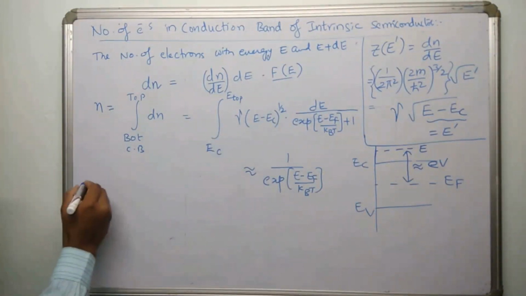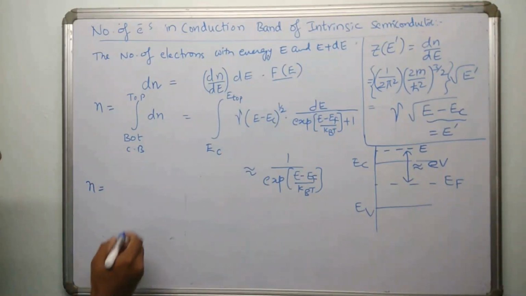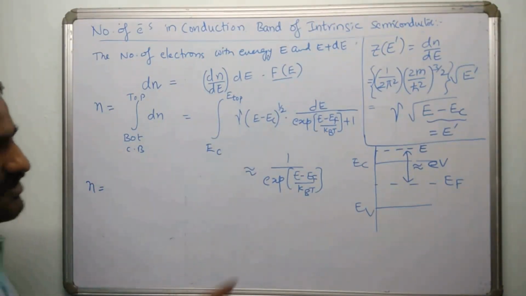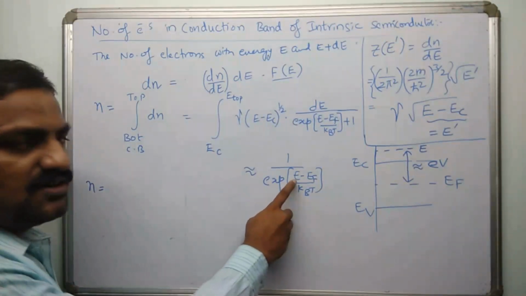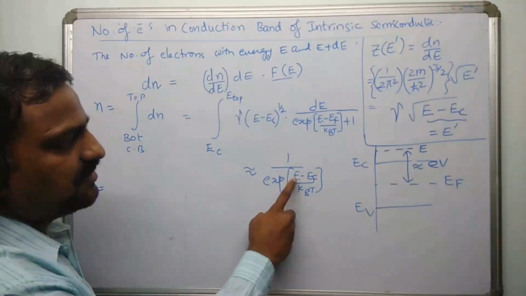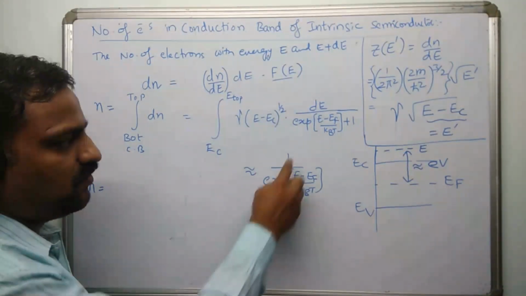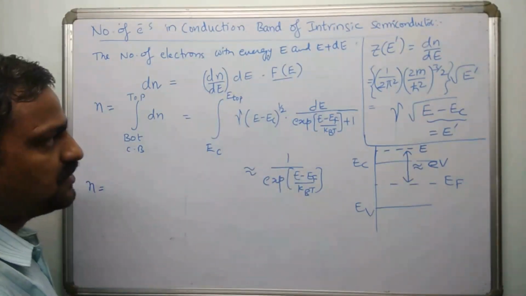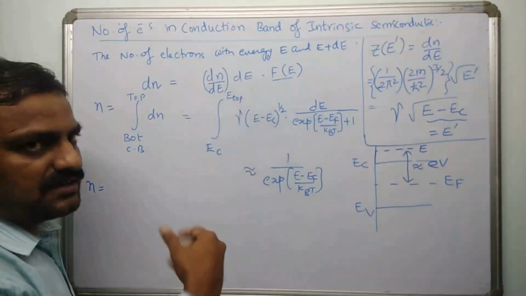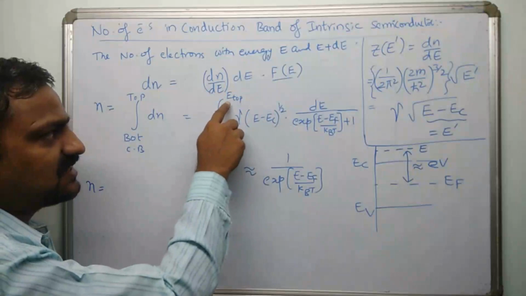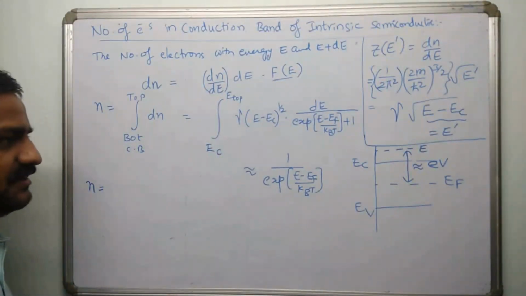I'm going to erase. Finally, this term can be replaced with this, and let me write it. My N is going to be, and let me give you one more thing. In this expression, if E tends to infinity, the exponent of infinity is infinity, and 1 by infinity is 0. As we don't know the topmost energy level which is filled, we can safely extend this E top to infinity.